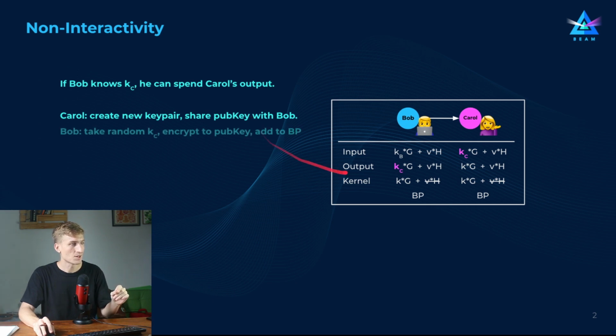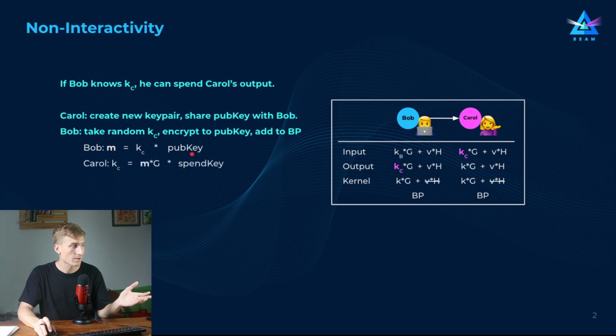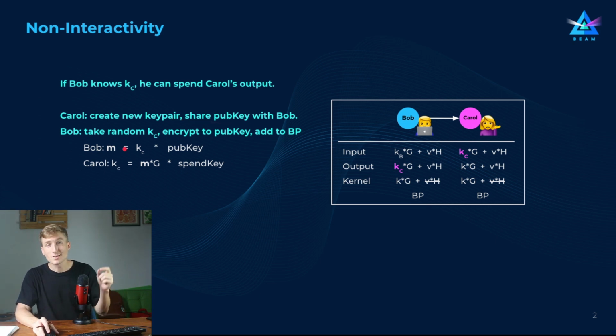Bob will choose this random K sub C value, his device will, so that he doesn't know it, but it will be encrypted to Carol's public key. All right, so we've got Bob's message, encrypted by the public key. Carol can use her new private key from this key pair to decrypt it and then use it as a future input.